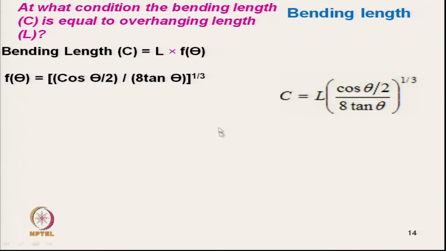Now, the question is: under what condition is the bending length C equal to the overhanging length?